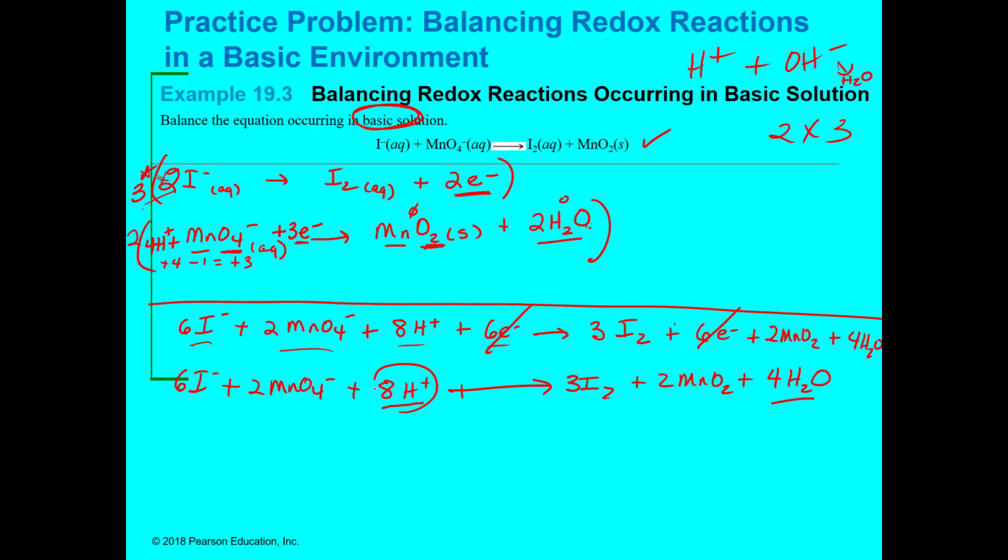So to get rid of this, I'm going to add on this side 8 OH minuses. On this side, that takes care of that, right? But if I have 8 OH's over here and I add 8 OH's over here, what does that make? 8 waters.